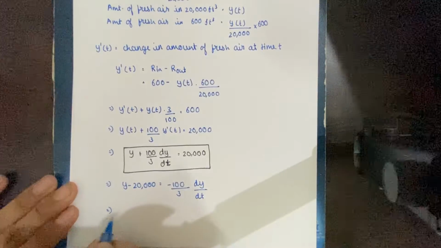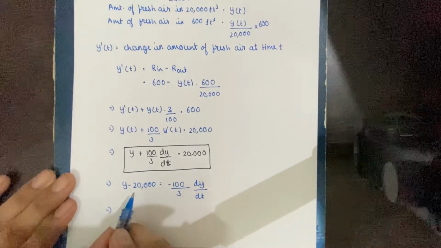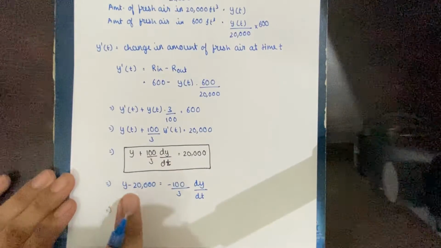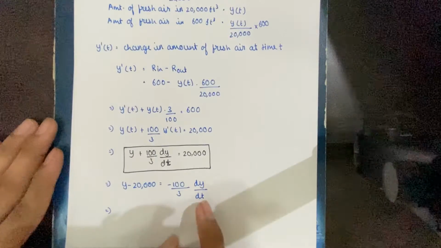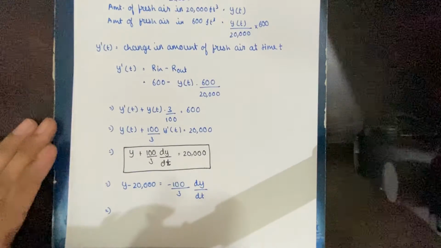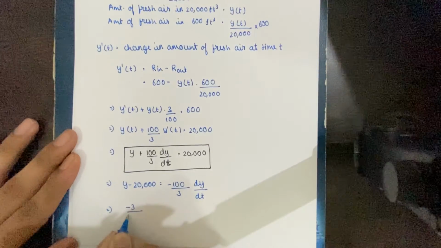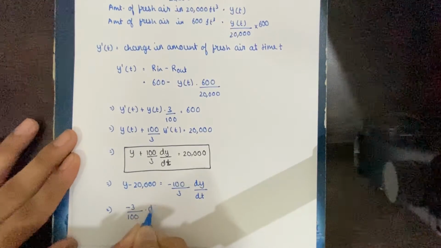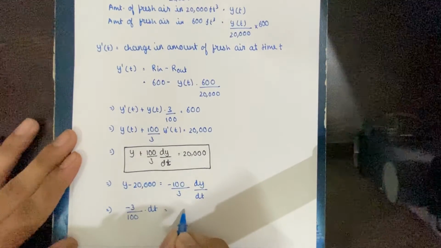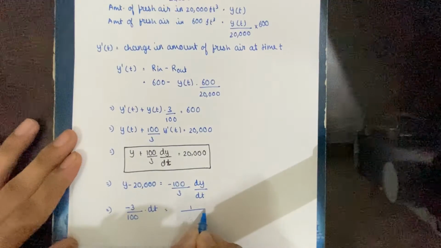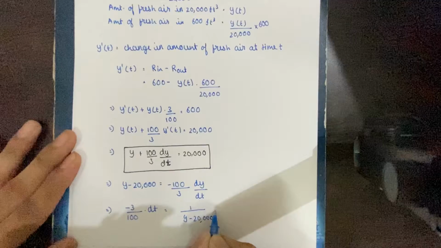Now I'm going to rearrange this. I'll take y minus 20,000 to the denominator and minus 100 by 3 dt to the left hand side, and then I get minus 3 by 100 dt equals 1 by y minus 20,000 dy.